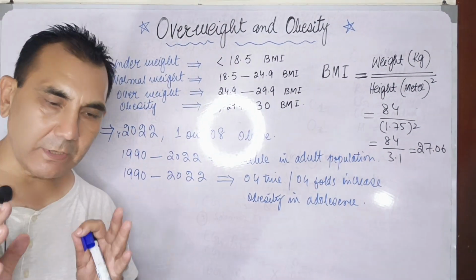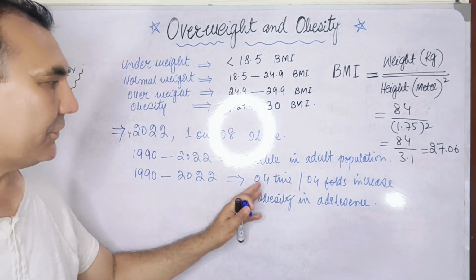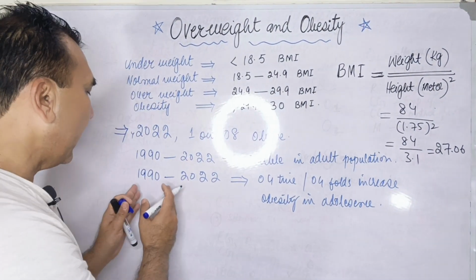In the adolescent population from 5 years to 19 years, it has increased four times from 1990 to 2022.